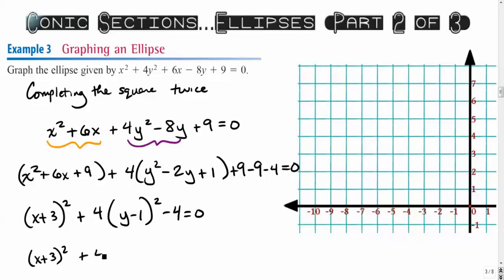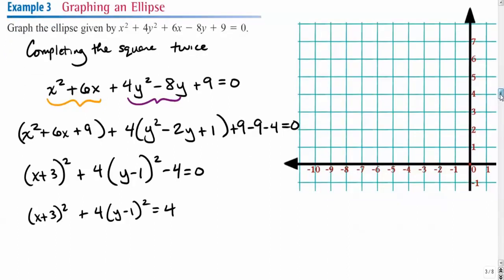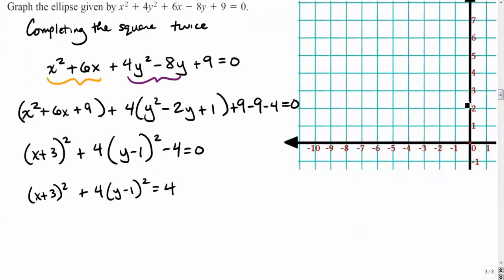So let's move that minus 4 over to the other side. Alright, so now we're getting closer to what our regular ellipse format looks like. Next thing you want to do here is always, if you have a number here, get that to be 1. So we're going to divide everything by 4.